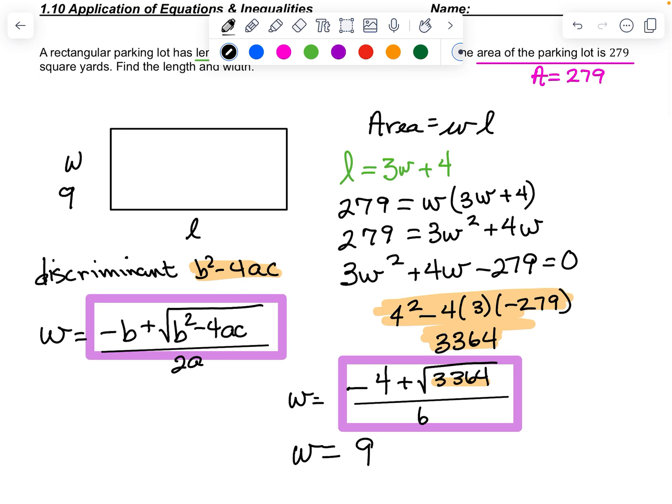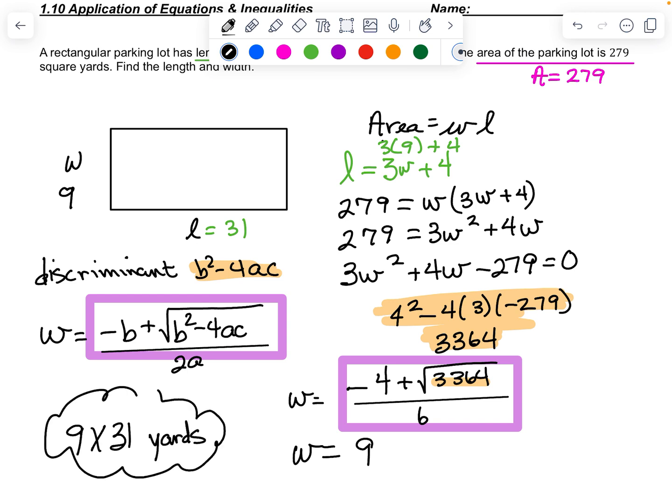And if we go 3 times 9 plus 4, 27, 28, 29, 30, 31. This is 31. So the parking lot is 9 by 31 yards. What are you going to put in Canvas? This.